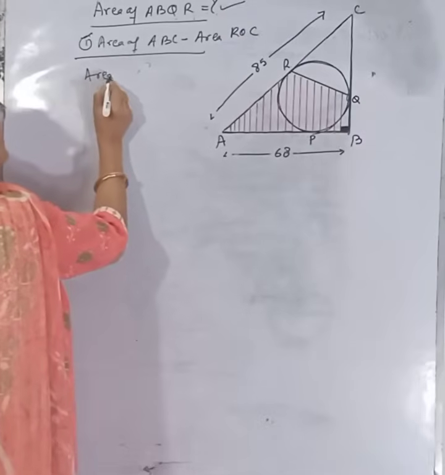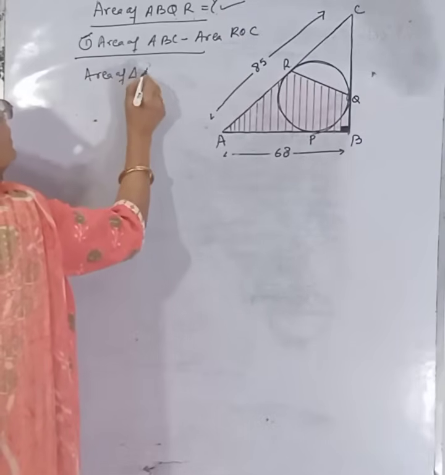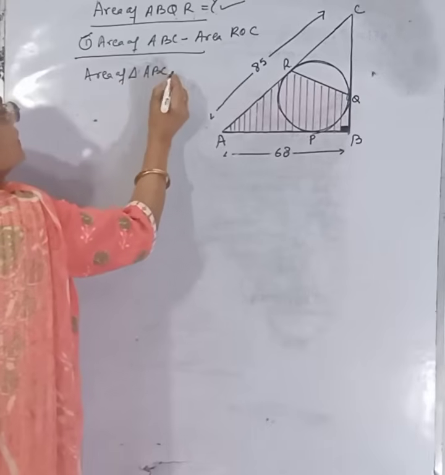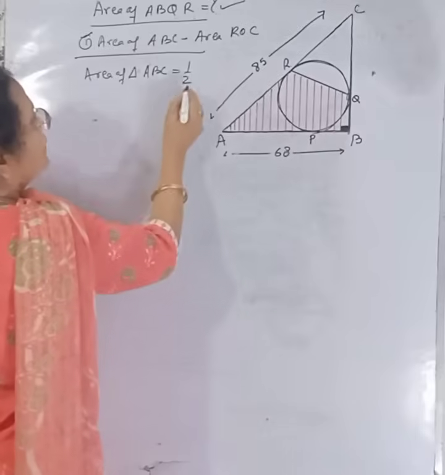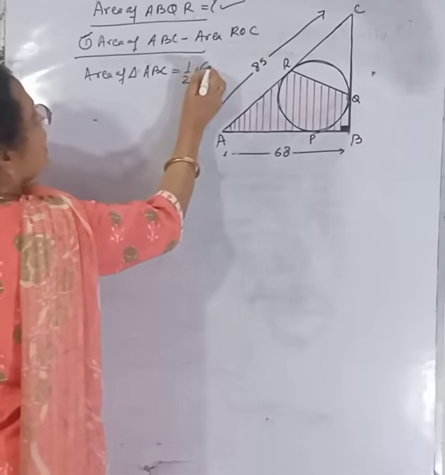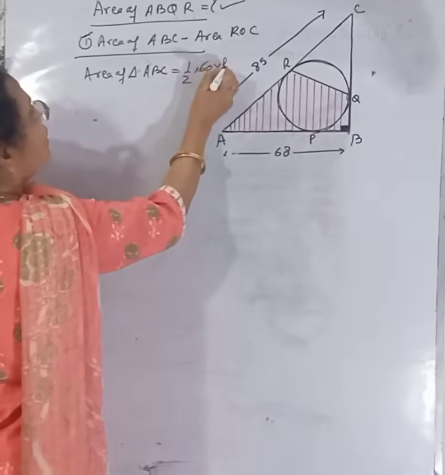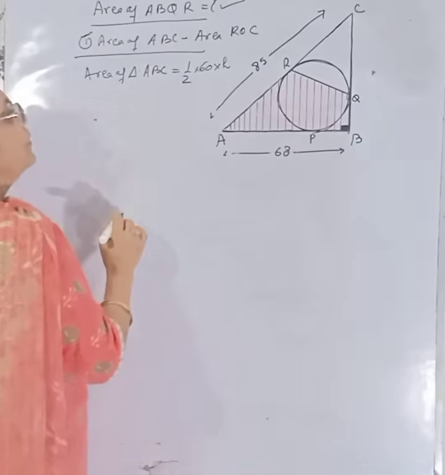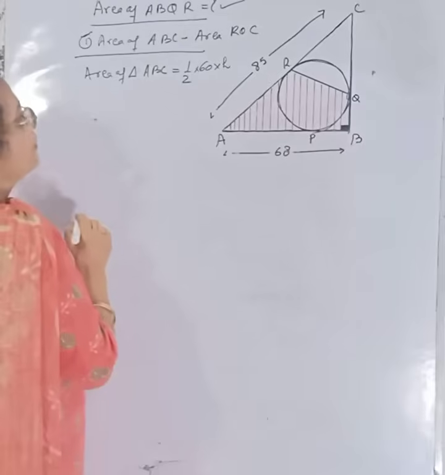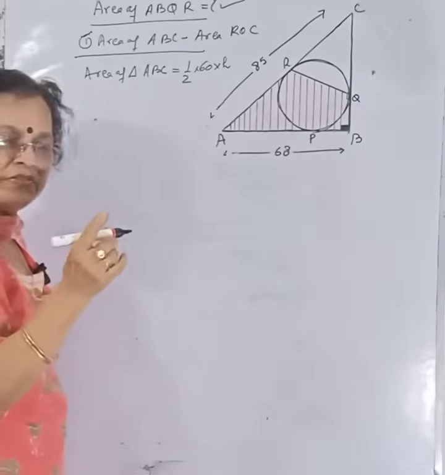Area of triangle ABC is 1 by 2 base into height. Base is equal to 68, and height is not known to us. Height is to be obtained. Height can be obtained by means of Pythagoras.